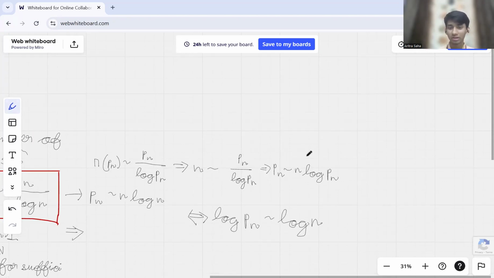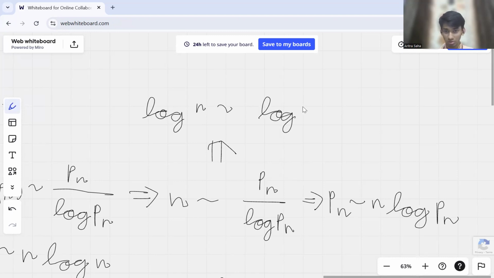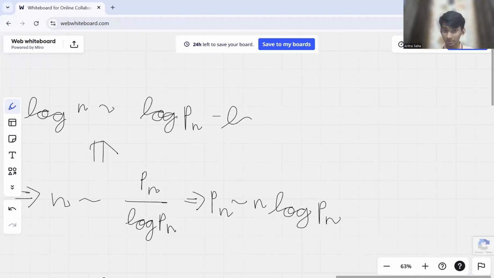And what we can do is just use a log here. So log of Pn is, I should write it probably, asymptotically log of n plus log of log Pn.